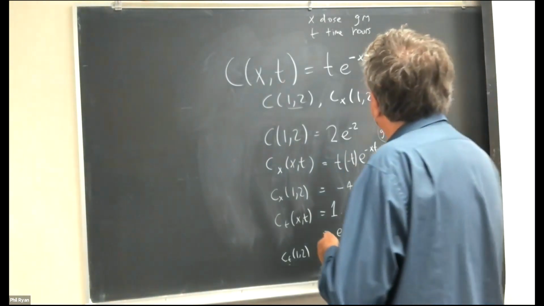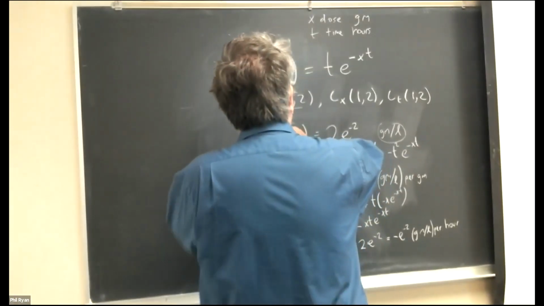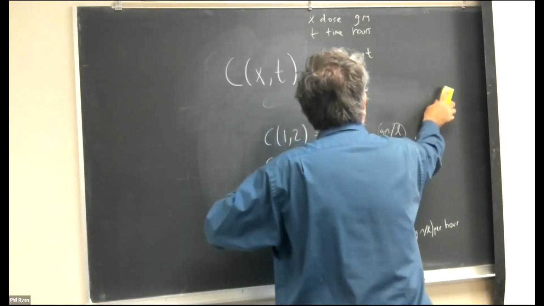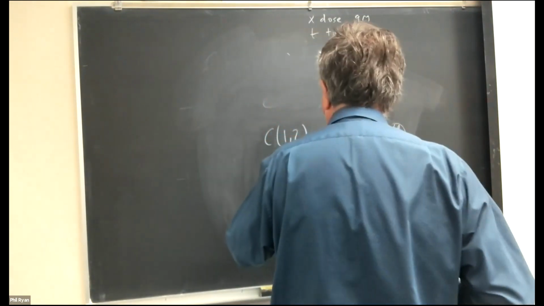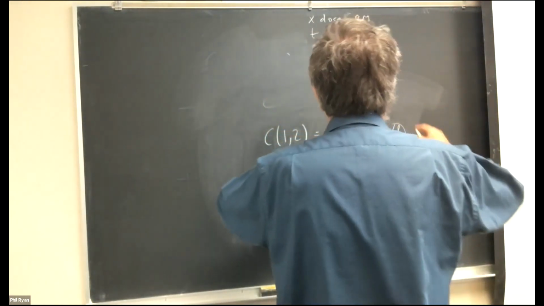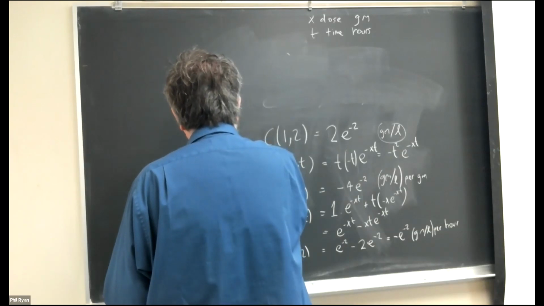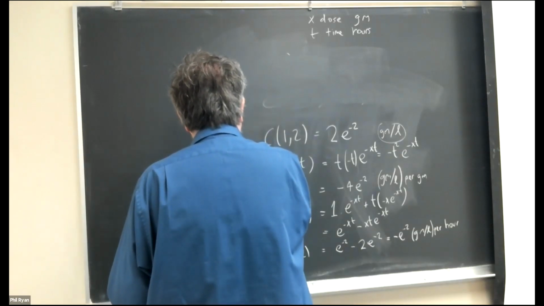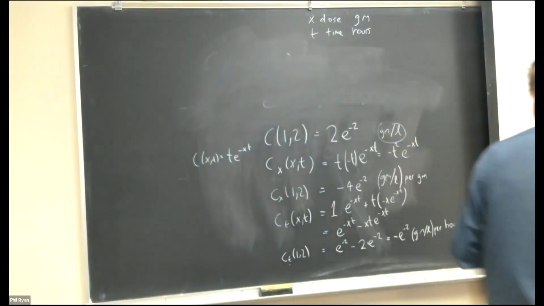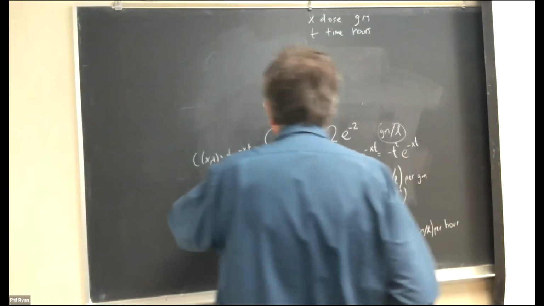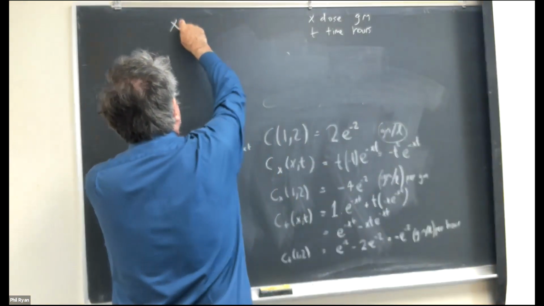So, for example, if we wanted to graph what this looked like, remember we had C equals t e to the minus xt. So we could fix things, say, we could have a look at what happens when x equals 1.